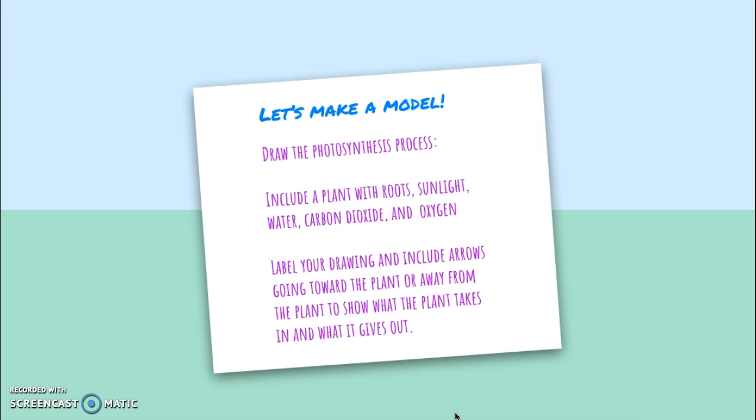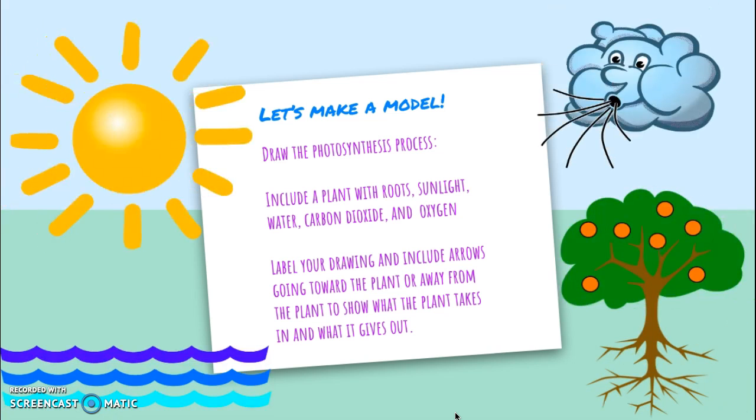And what is something the plant gives out? Right, oxygen. So the arrow going away from the plant is going towards the oxygen. Okay, so you can draw something like this, but your own creation. All right, I'll give you time to make your model.